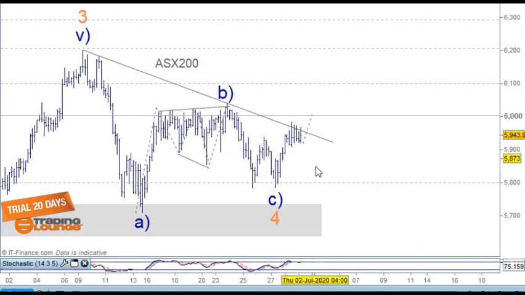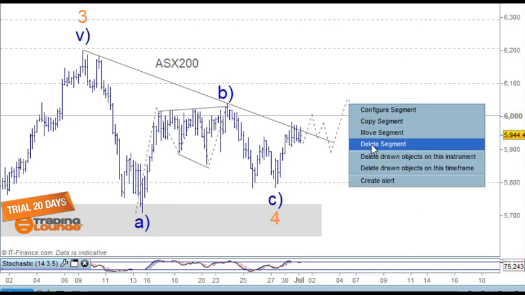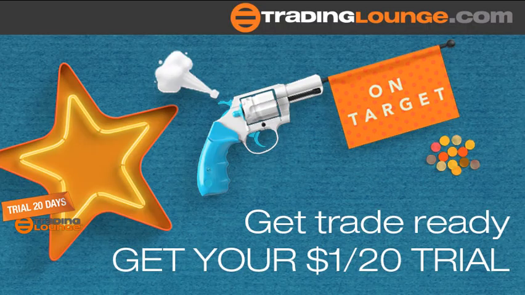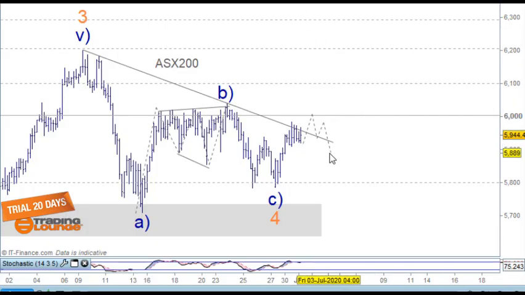Now it may come above that and it may not, but if it was going to be more bullish, then we would look at this here as an A wave here, a B wave here, and then a C wave here for this, and then we would push up higher for this. And then we would see an A and a B. Well, if I just redo this a little bit, let's just get this a little bit more accurate. So then what we'd be looking for is another move up here, probably something like this anyway, and then basically pushing up through here.